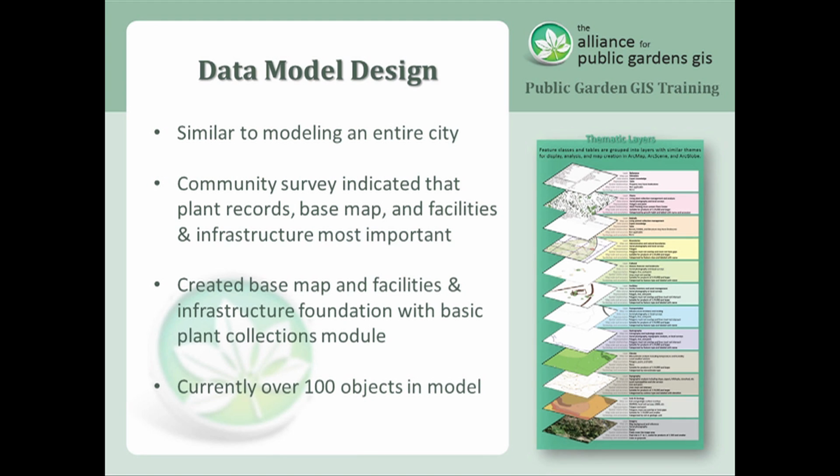And when I say basic, I mean that it does not replicate the full functionality of many plant records databases, but if you were a garden who was just starting to map and track your collections and you didn't have a plant record system in place, you could use the data model as a standalone plant record system, even though it is relatively simple and basic in the amount of information that it includes. There are currently over 100 different objects in the model, and when I say objects, I mean different sorts of information that you can map or track in the model, so it's fairly comprehensive.